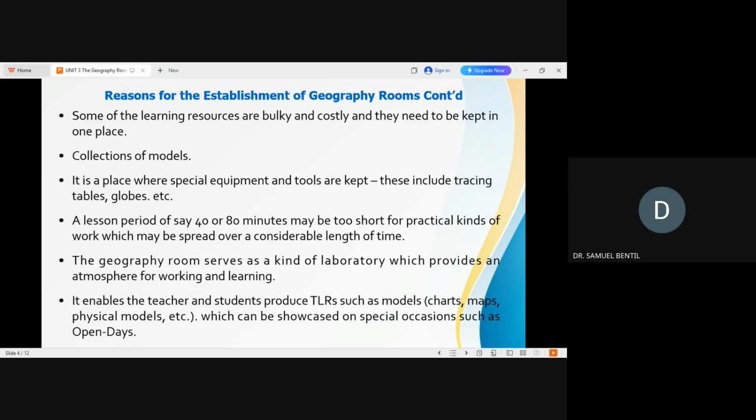So these are some of the reasons why we need a geography room to keep some of these things in check. Any question on the reasons?